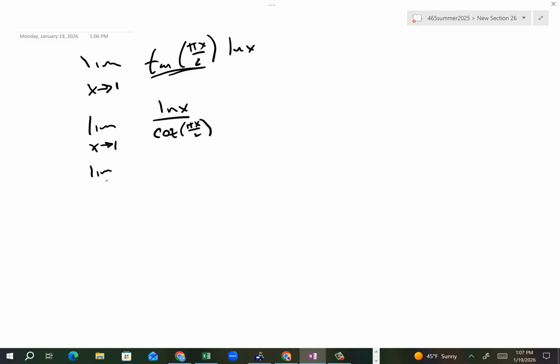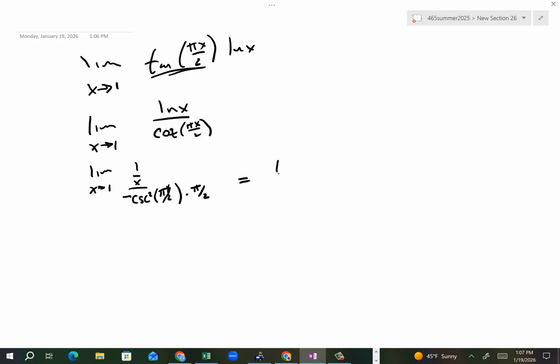So let's take the derivative now, shall we? If I take the derivative, that's going to be 1 over x over, what's the derivative of cotangent? It is negative cosecant squared of pi x over 2 times pi over 2. Now, on top, you get 1. That's hot.